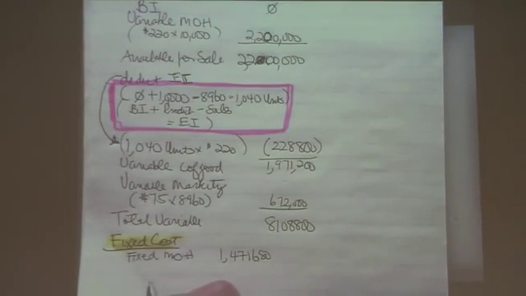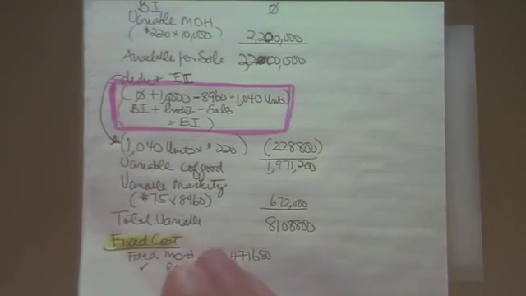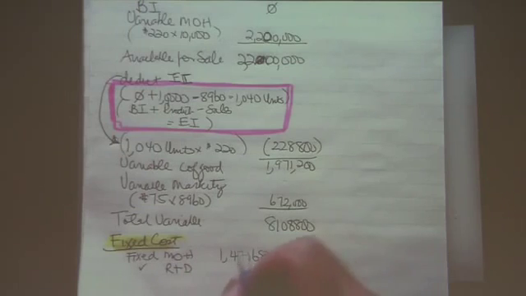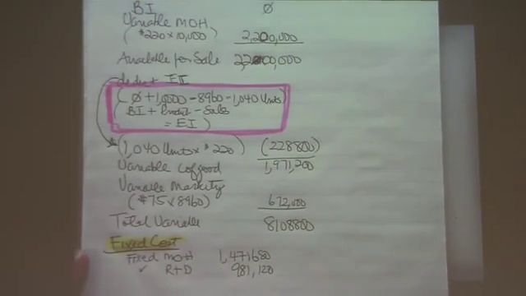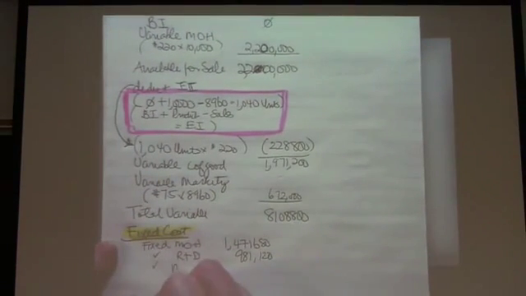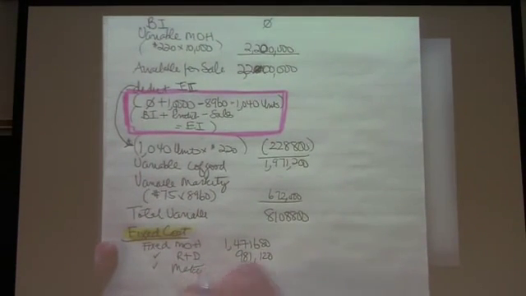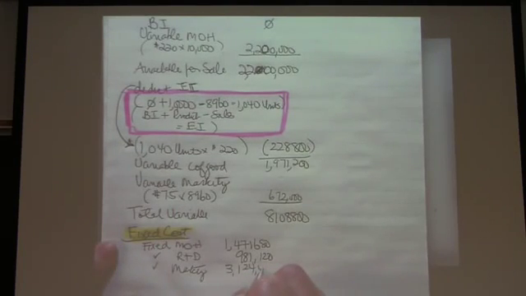You've got fixed R&D, and that was given to us as well: 981,120, and fixed marketing, that's 3,124,480.